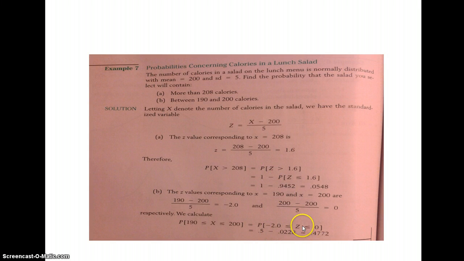And then I can use the table because z is the standardized variable, which follows the standard normal distribution. Following the table, we find the value for 0, which is 0.5, the area to the left side of 0, minus the area to the left side of negative 2.0, which is 0.0228, and we subtract these two, we get 0.4772.